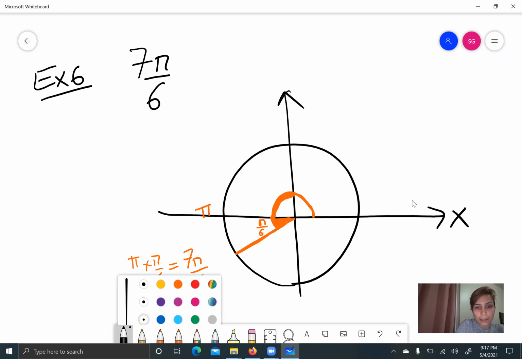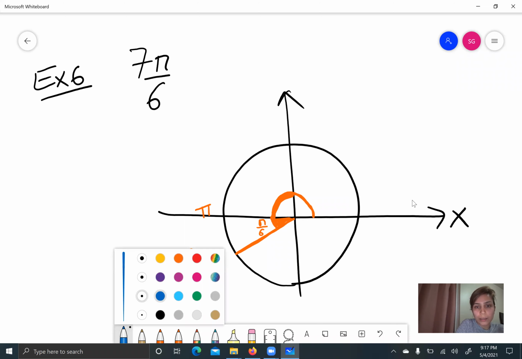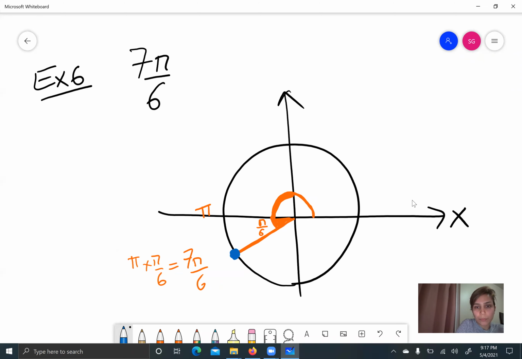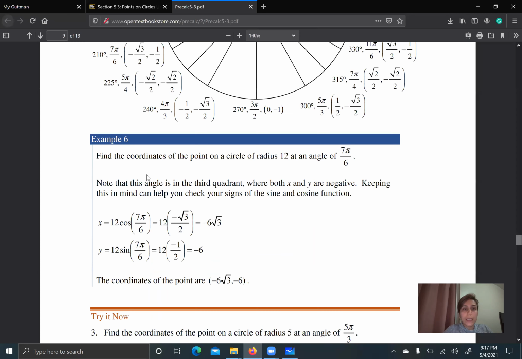And it's going to correspond to this point on the circle, with some x and y value. Okay, what was the question? The question was find the coordinates of the point on the circle of radius 12 at this angle.